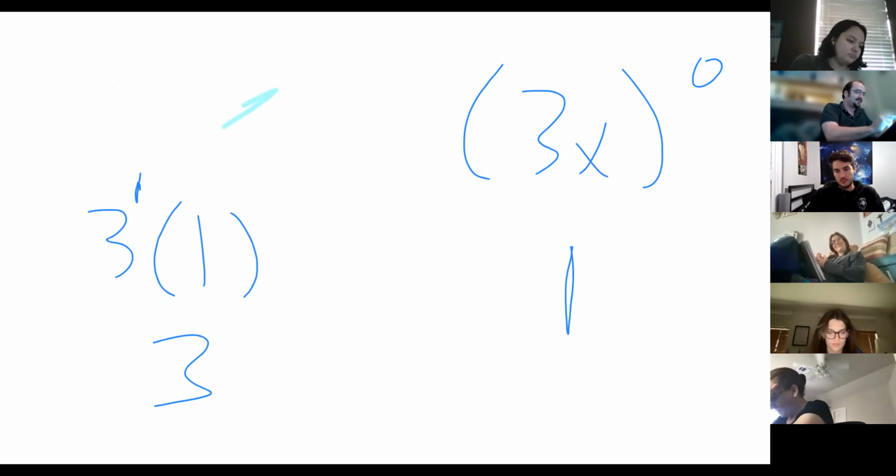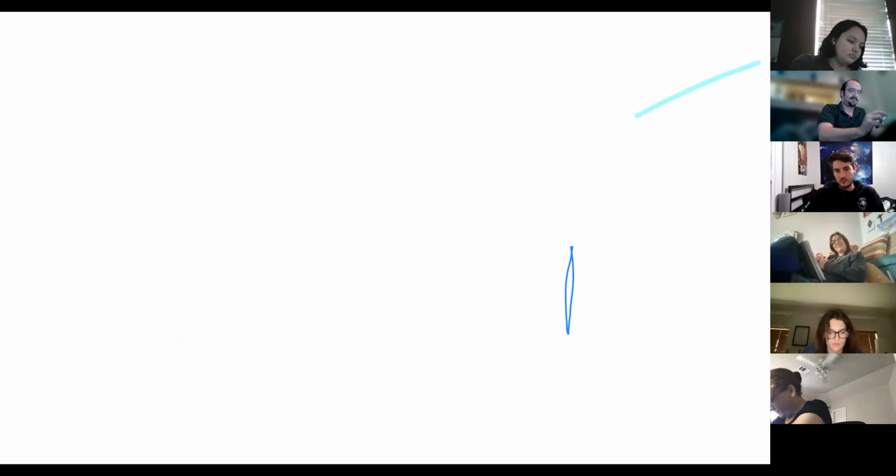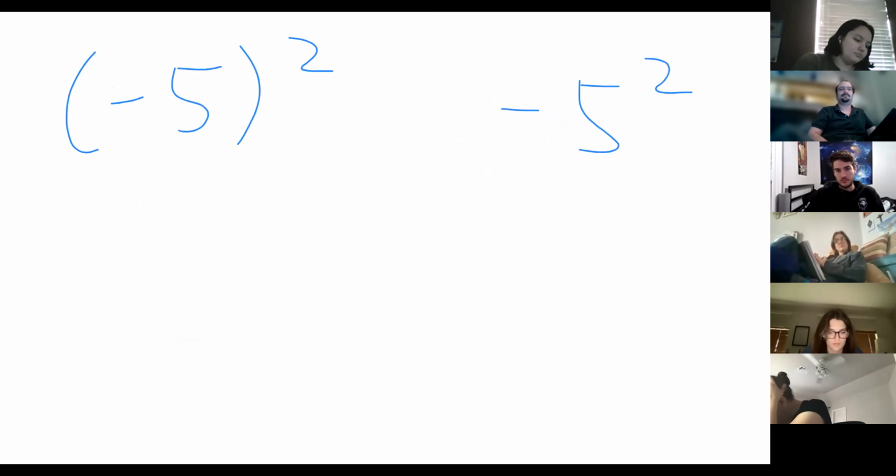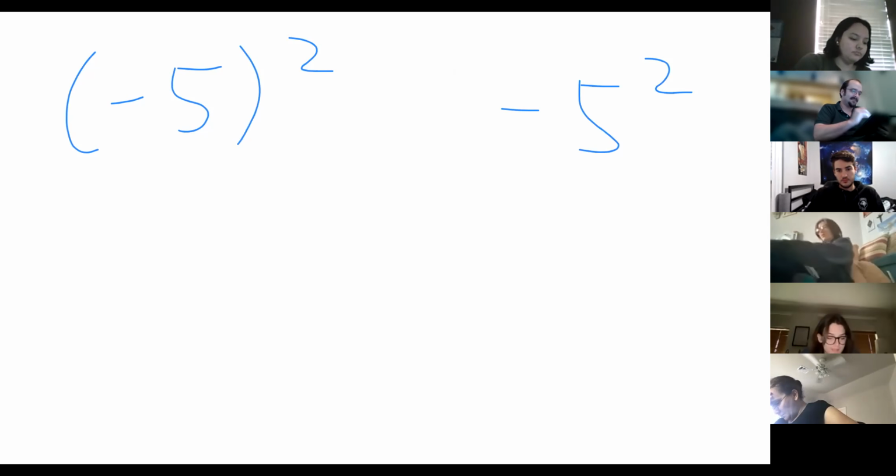So that's that one. The next one is testing sort of the same thing I was just talking about. If we have a -5 and we square it versus -5 squared, they're both 25, I'll give you that much. But how are they different? On the left, a negative times a negative is a positive.